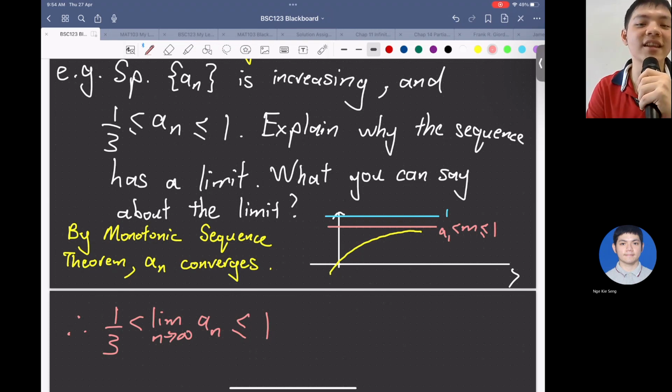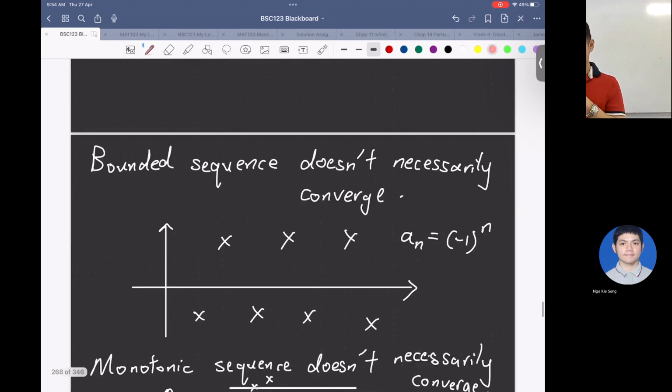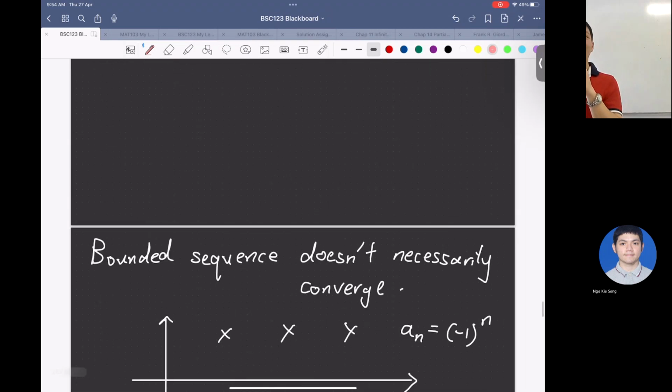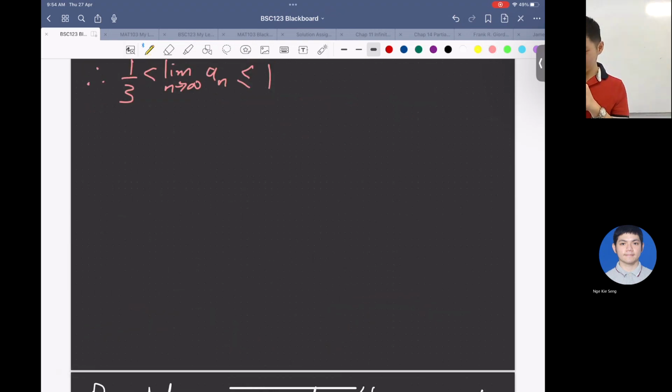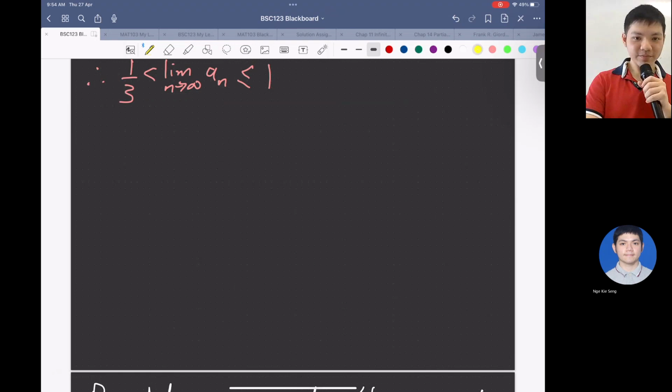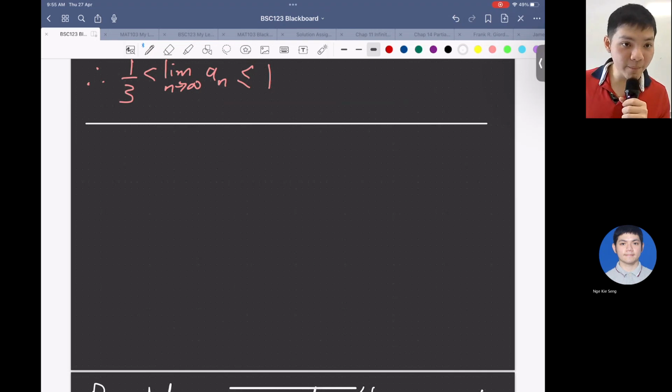This is the last example, then next week we go to series. You guys don't have class, is it? Okay, I just left it as homework. This example is kind of long, so I left it as homework.